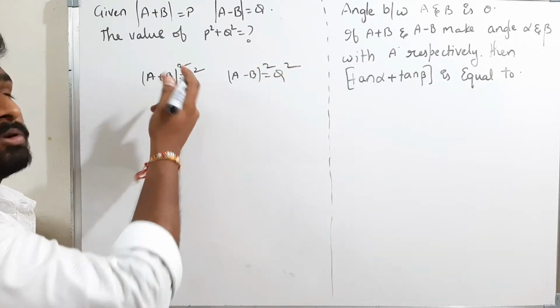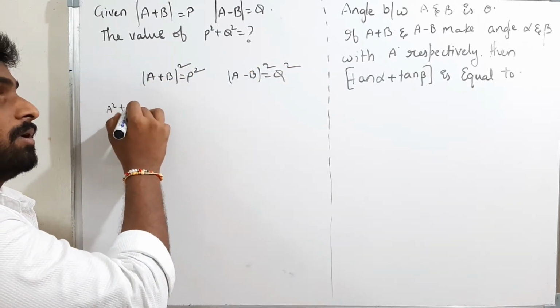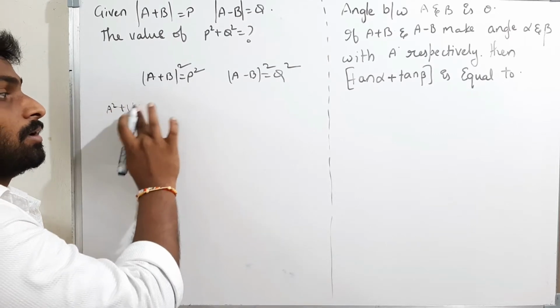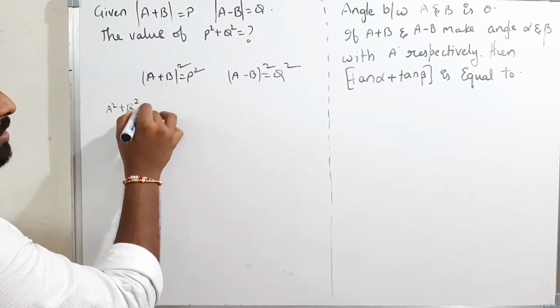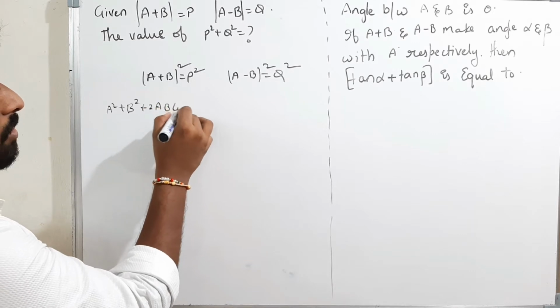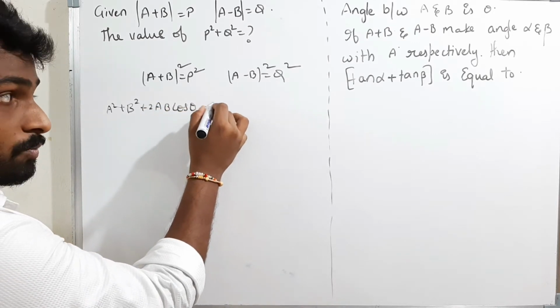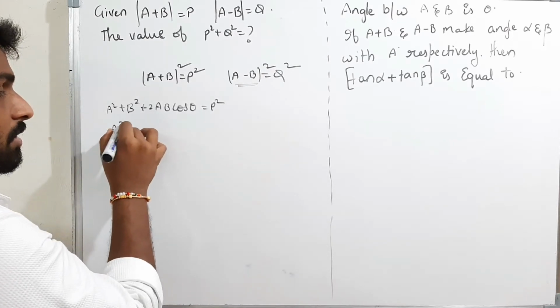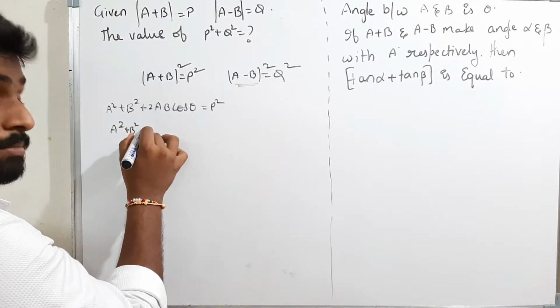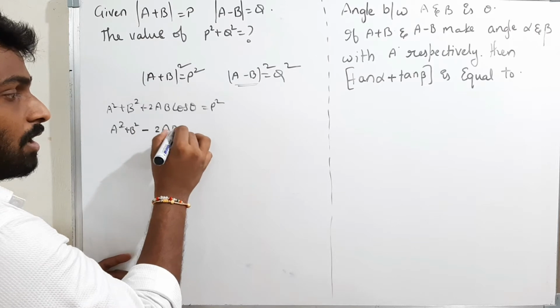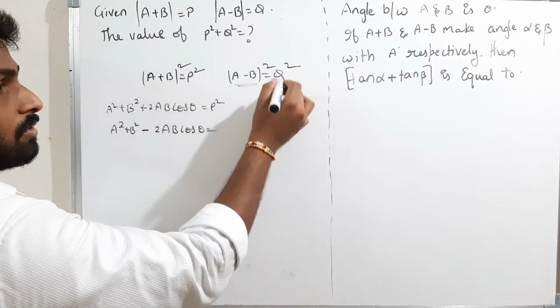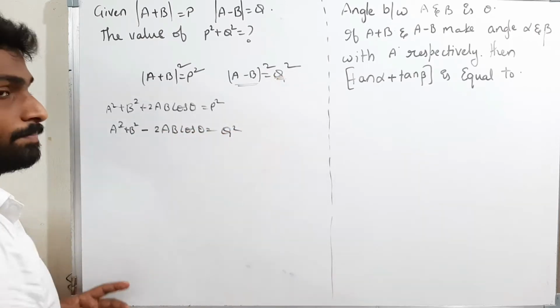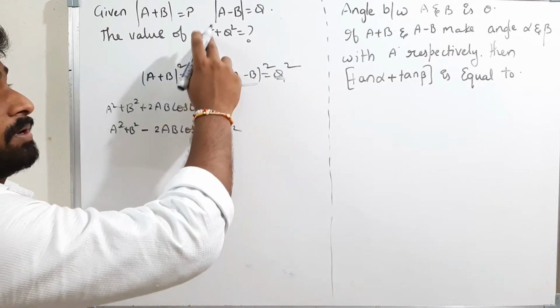Now what is A plus B whole square? That is A square plus B square plus 2AB cos theta, equal to P square. Now A minus B whole square means A square plus B square minus 2AB cos theta, equal to Q square. Now what did they tell us to find? They told to find P square plus Q square.